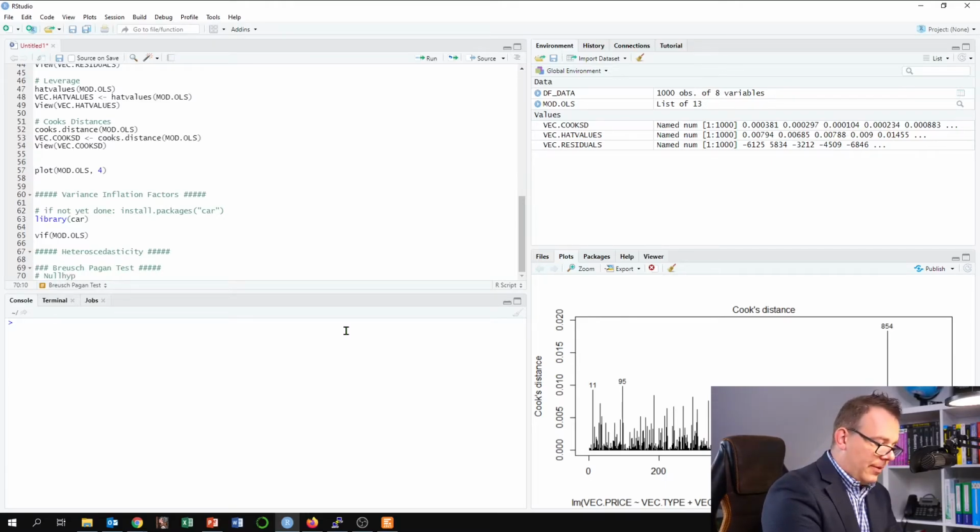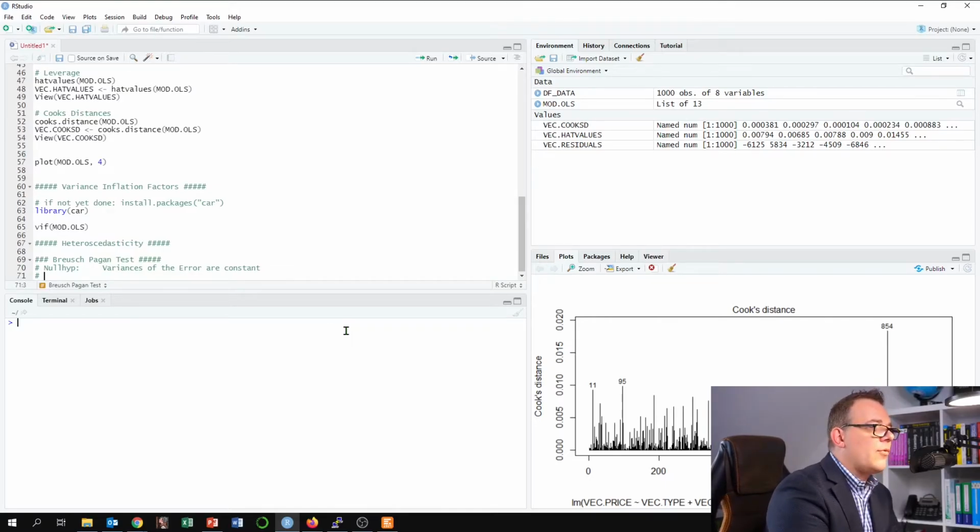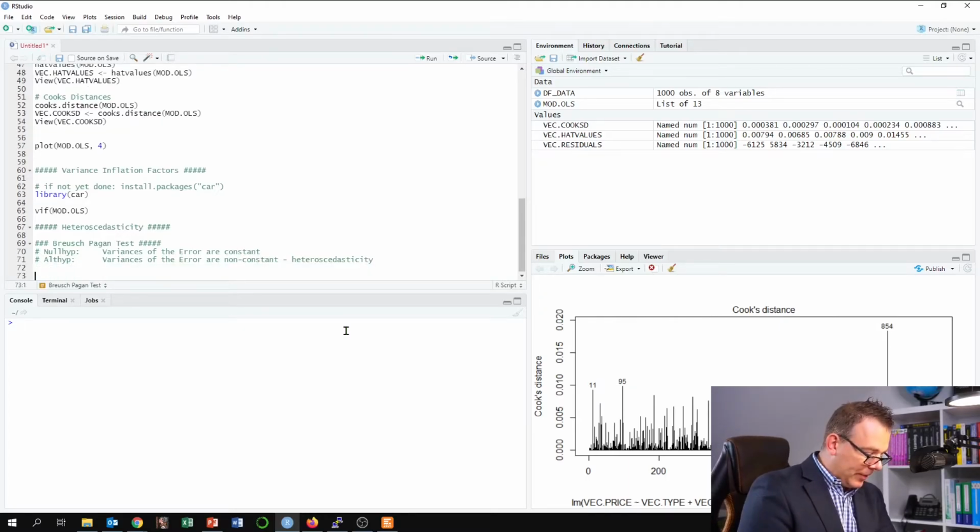So the null hypothesis here is that the variances of the error are constant. And of course, the alternative hypothesis here is that the variances of the error are non-constant, or in other words, we have heteroscedasticity. Well, of course, we need a certain package for that, and that's the lmtest package.